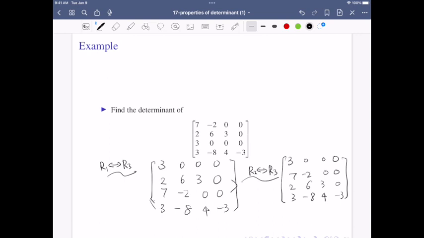So after two EROs, we get a new matrix from the original one. Suppose this is determinant A, and this is the determinant after the first ERO, determinant A1, and this is determinant A2. Then what is determinant A2? This is easier to compute because this is a lower triangular matrix. We have done this in the previous example. So if we take those four numbers on the diagonal entries and multiply them together, it gives me 54.